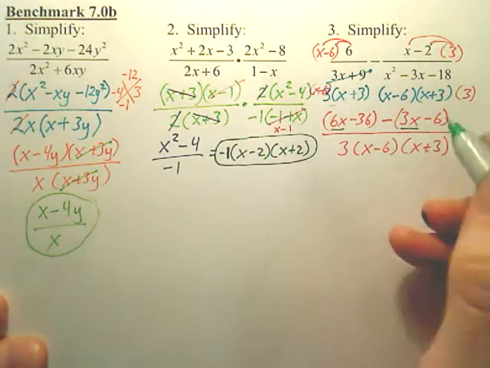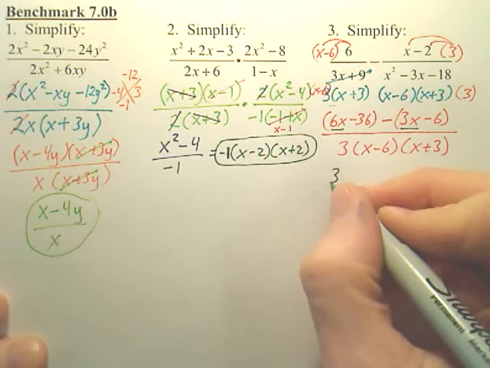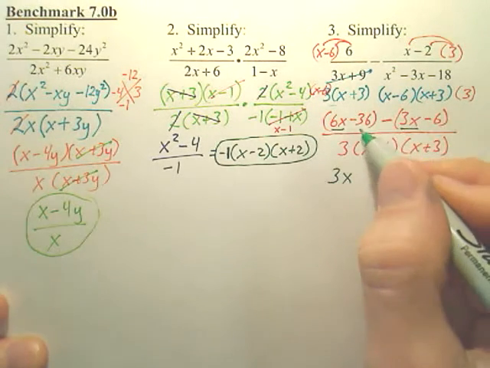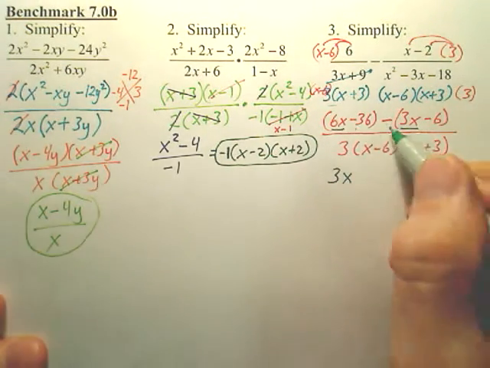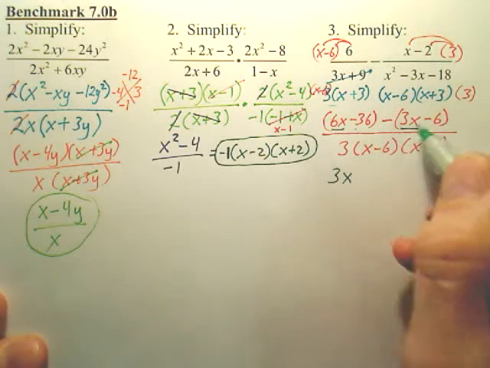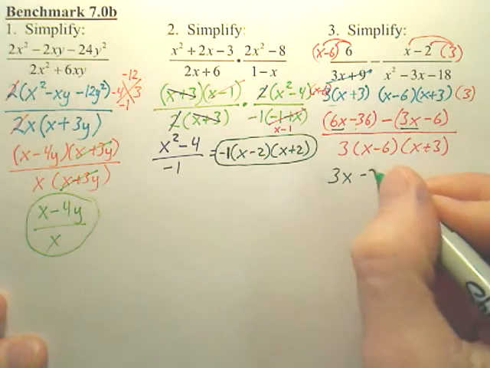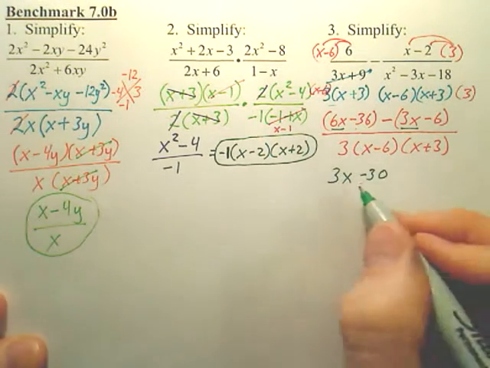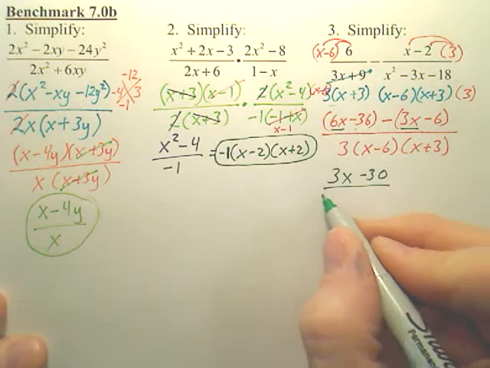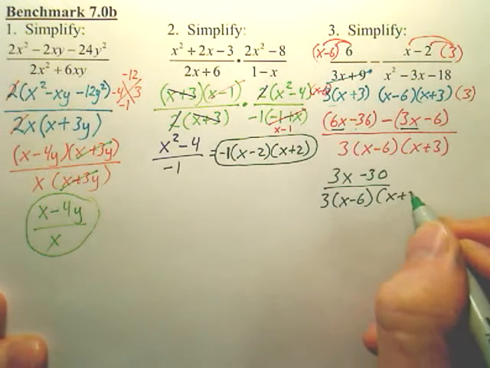Remember, that's a negative 3x. 6x minus 3x is 3x. And what's negative 36 minus a negative 6? It's really going to mess you up. When you minus a negative, it's plus. So negative 36 plus 6 is negative 30. Over 3, x minus 6, x plus 3.